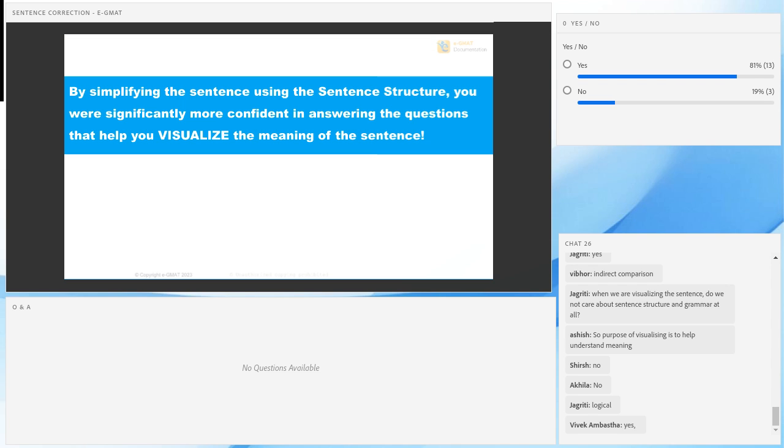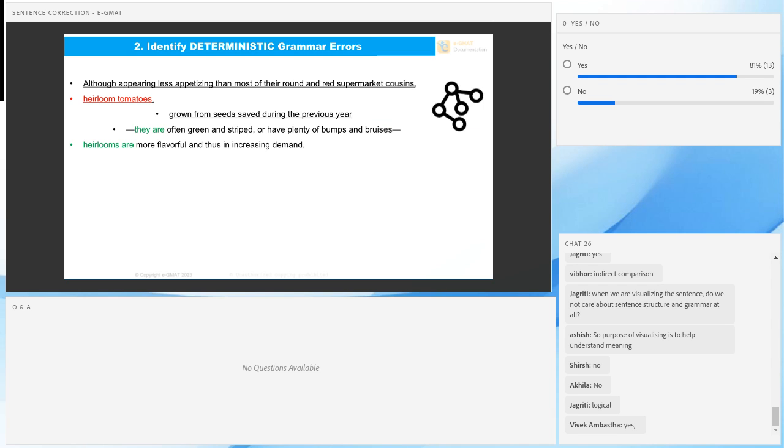Okay. Now, we understood the meaning, right? Now, the next step is, what are the deterministic errors? Okay. Now, this is where you go into the grammar. So, Jagriti, at this point, you're going to look at the grammar. Here, what you say is, now you see, do you have all the subject verb pairs accounted for? Do you have the verbs in the right tense? Do you have your pronouns and antecedent pairs without any ambiguity?